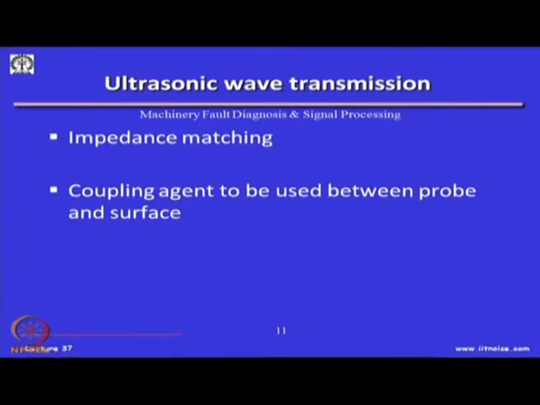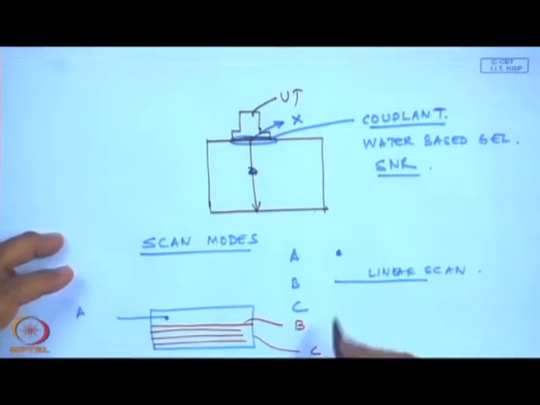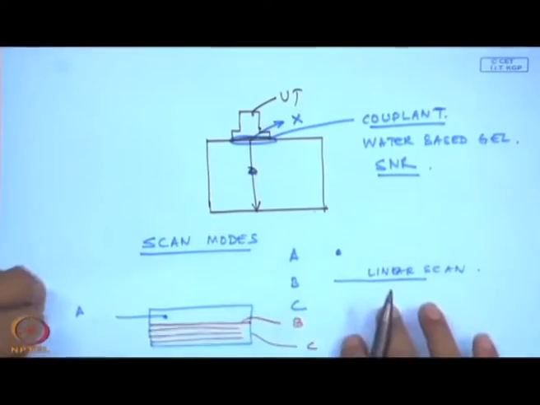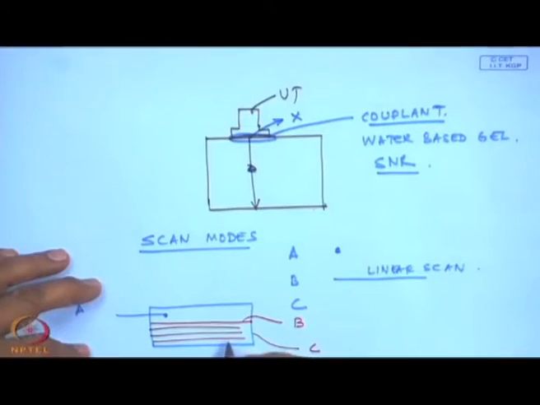Okay. So, these kind of scan images: A scan, B scan, C scan. C scan gives us a contour of where the defect is, and if there is a defect at a particular location, this should come up as a change in the color intensity.